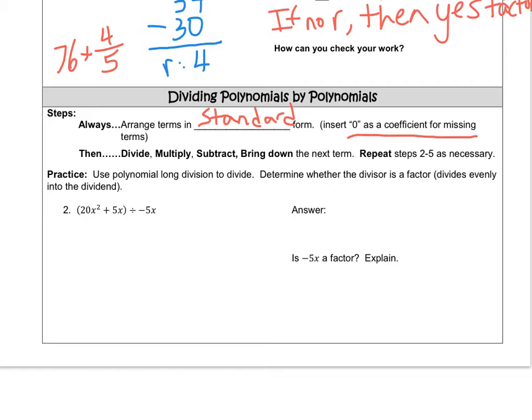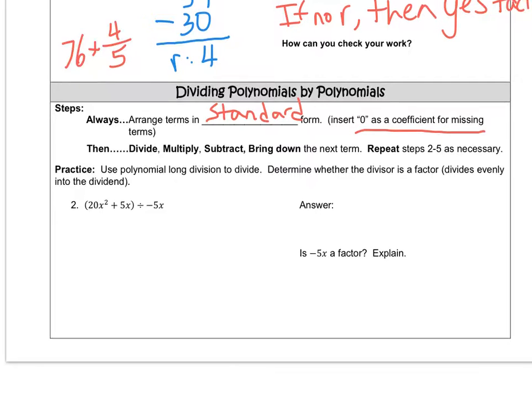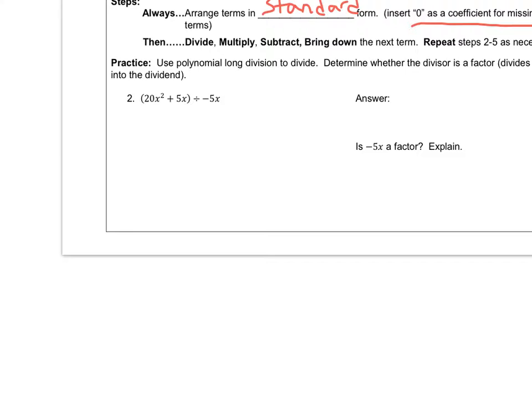All right, so this first one we're going to do, normally you probably would never divide it this way. A, it's a factor, and B, because it's a factor, you probably wouldn't do it this way, but I'm going to show you the long division on it so that you can see the process, and it's really an easy one to check your answer since you already know how to do it other ways.